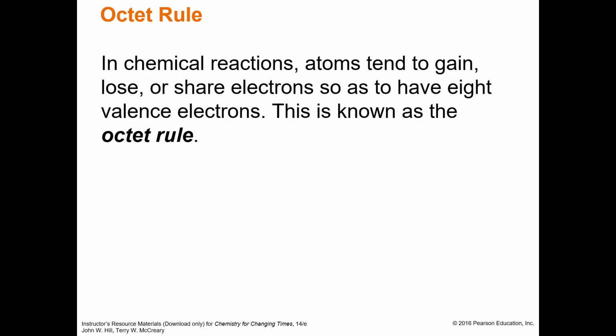And so where it starts getting a little weird is that period 1 only goes up to 2 electrons. So, quote unquote, a full octet would only be 2 electrons, right? They want to be noble-like. I honestly do not like this octet rule.